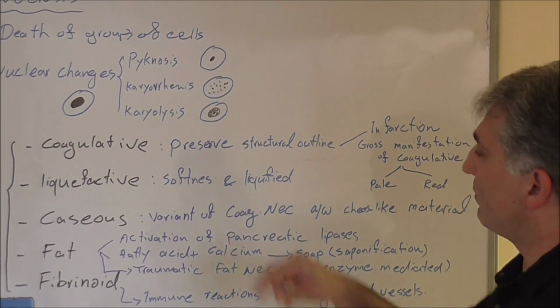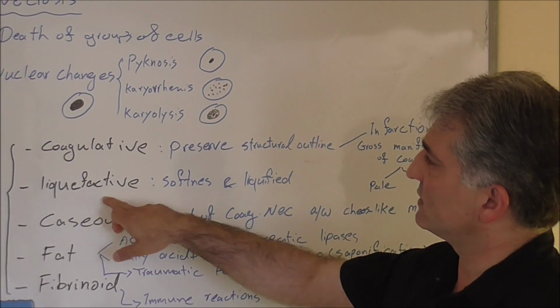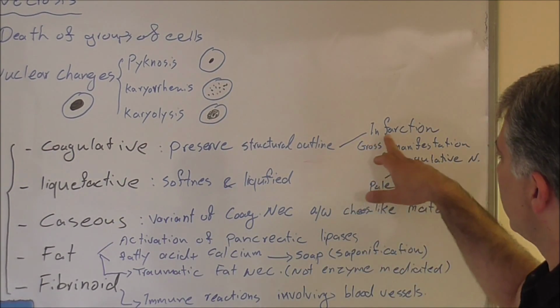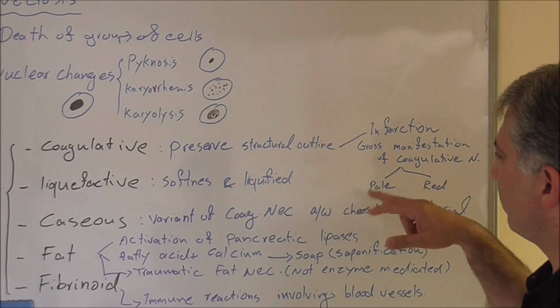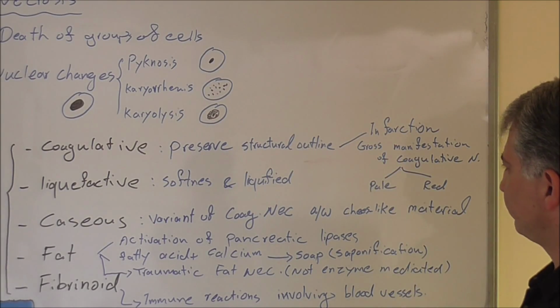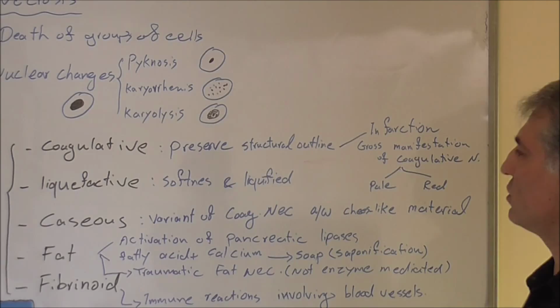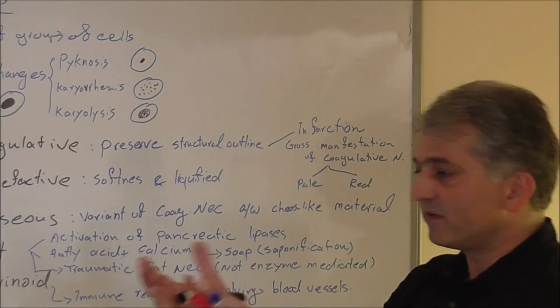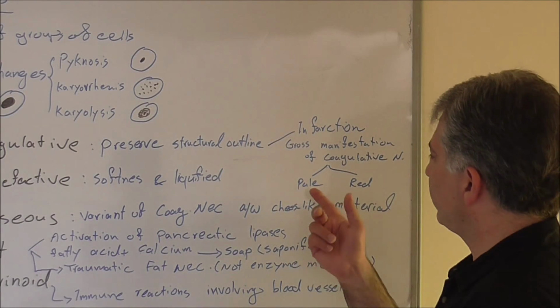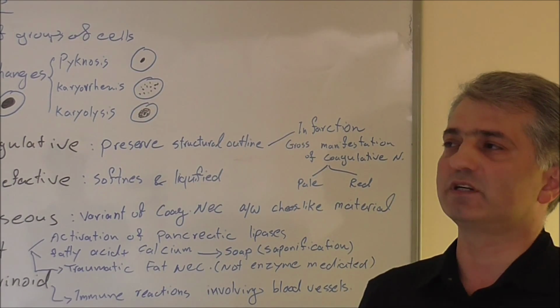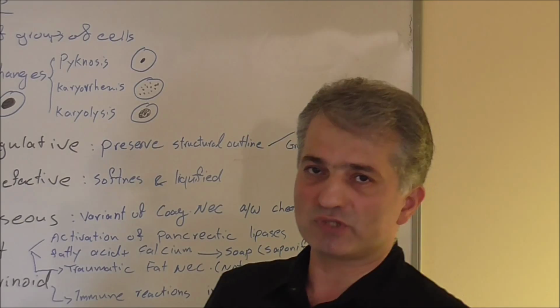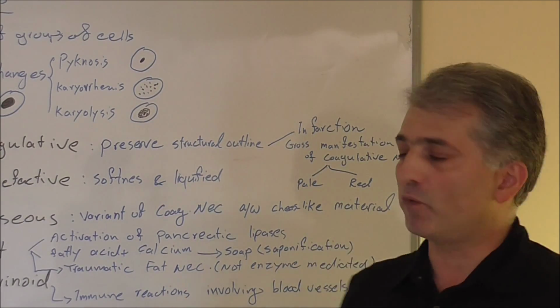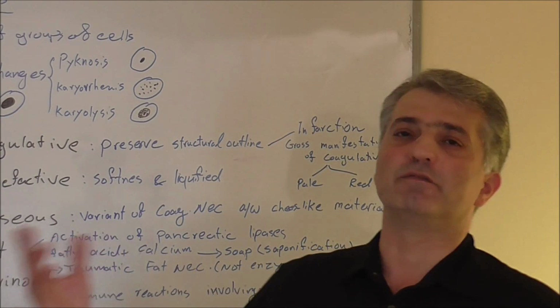Oh, by the way, before I continue with the second type of necrosis, I mentioned myocardial infarction. Let's define infarction. Infarction is the gross manifestation of coagulative necrosis, what we will see grossly. And we have two different types, pale infarction and red infarction.